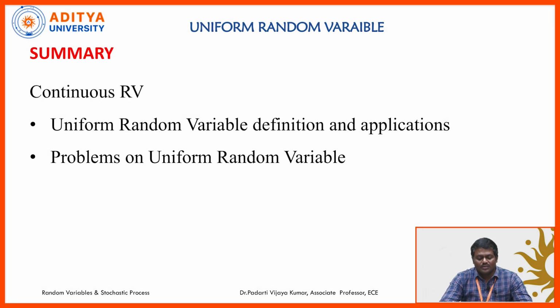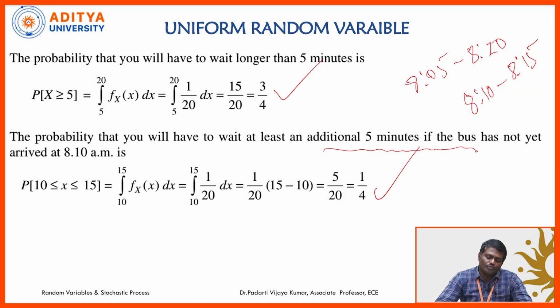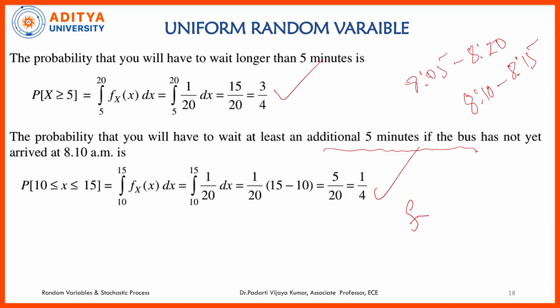So here what we have seen is the application which is related to uniform random variable. So firstly what we need to do is we need to develop the density function. Nextly we need to identify the ranges of the probability, whether this range falls over the defined density function range or not. So based on that we need to apply this formula.